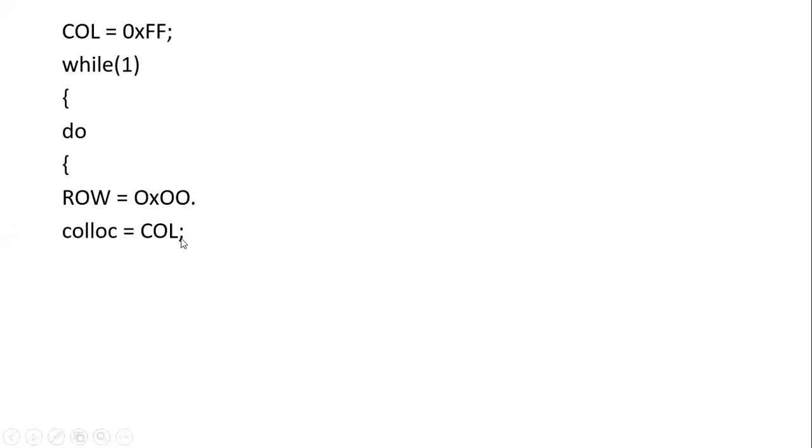Then we read the column. We read the column using the column location variable. So as you set the zero value for the rows, and when you read the column value and temporarily store it in the column location, what should be the value?